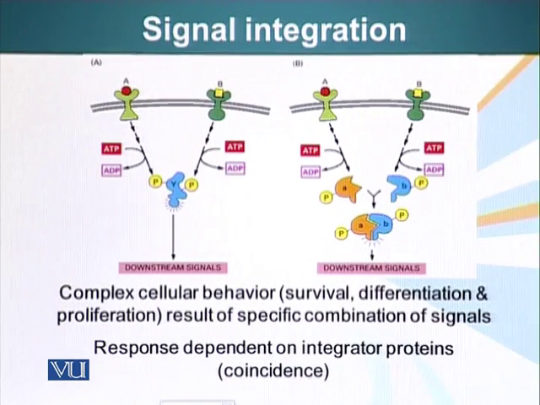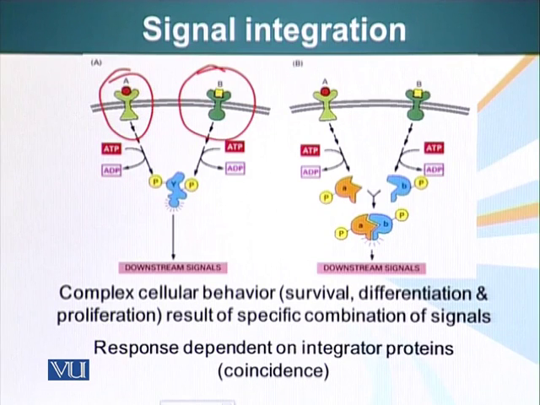So let's continue. Signals telling cells to survive or differentiate are generally not single signals, because these signals are very important. For cell proliferation resulting from signals received at receptor tyrosine kinases, generally these signals are integrated by integrator proteins. We have talked about integrator proteins also. There are two mechanisms by which they can function.